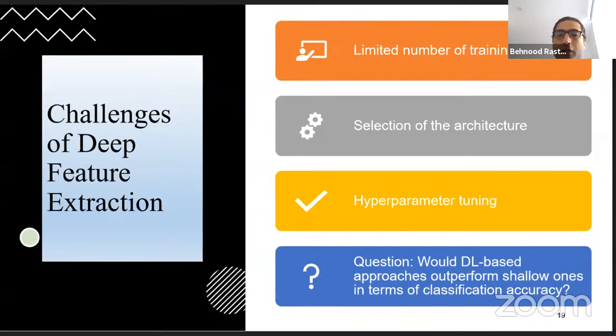Selection of the architecture is often difficult and might vary with respect to the data set and the sensor. Hyperparameter tuning is a big challenge. In this tutorial we will answer the question of whether these basic networks can outperform the shallow ones in terms of classification accuracy.